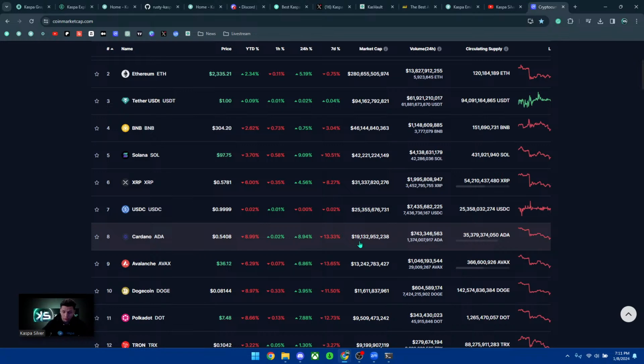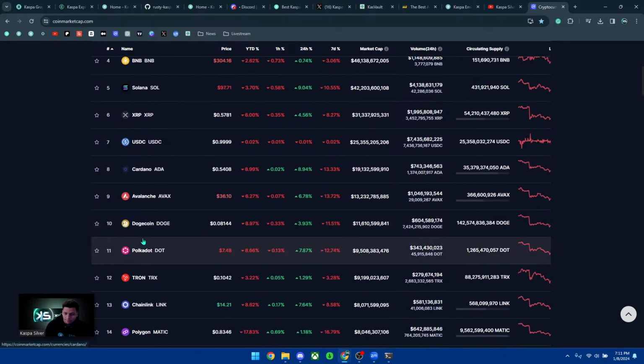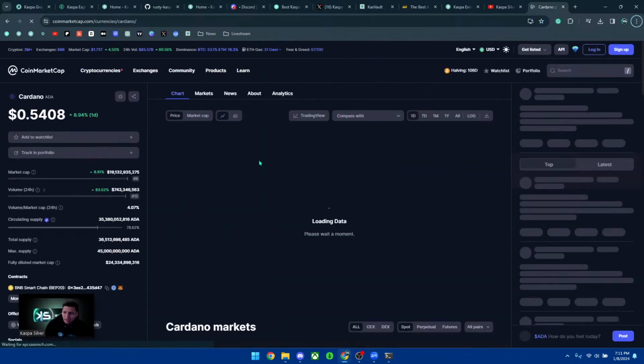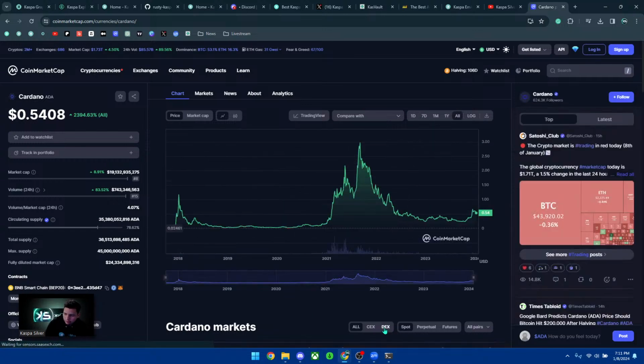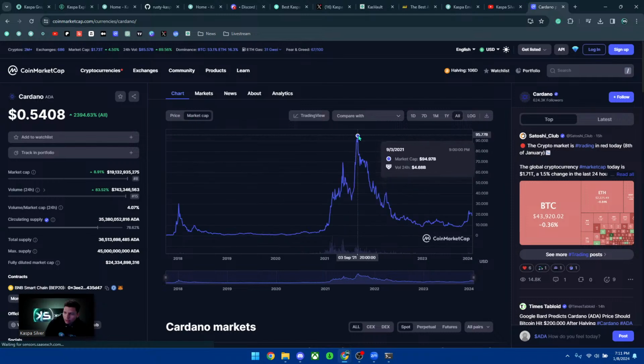Now for the bull run, what you do is just look at different coins that have similar fundamentals and look at how much money went into these coins during the runs. And all you've got to do is switch this to market cap. If we look at Cardano, it hit 94 billion market cap. So is it impossible for an altcoin to hit 94 billion market cap?